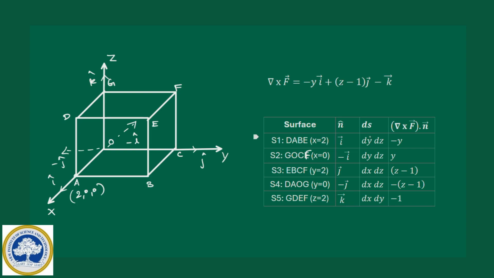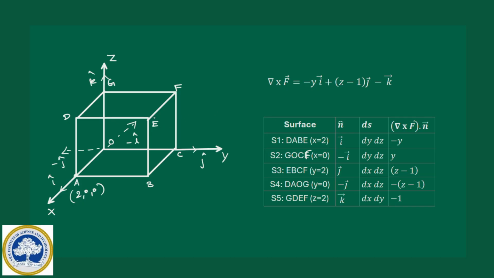What about dS here? For example, consider the surface DABE, which is parallel to the YZ plane. This means that the projection falls in the YZ plane where x = 0, and we have to consider the integration with respect to y and z, that is, the double integration for that region.